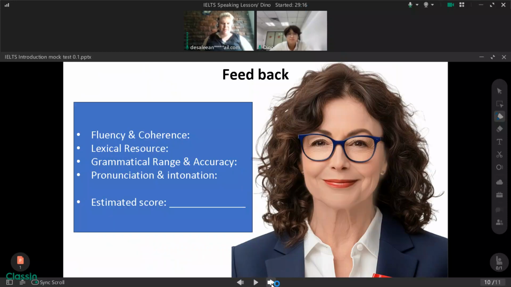Okay, and this is a mock test to see your level. So today, your fluency was good. We need to work on some of it. Your lexical resource, we will improve it. And your grammatical range and accuracy, we will improve it. Your pronunciation was good. We'll just work on intonation. For today, I'm going to give you the score of 4.5.